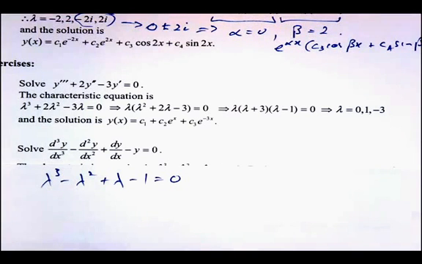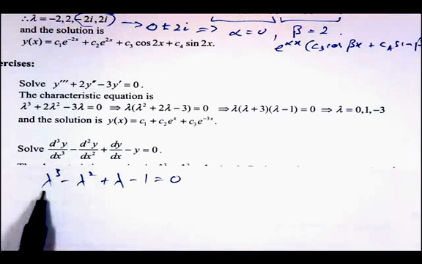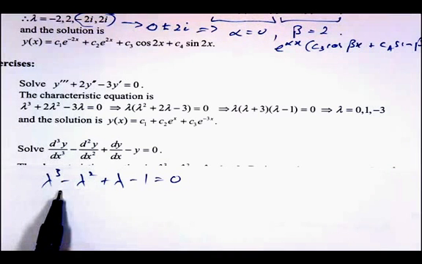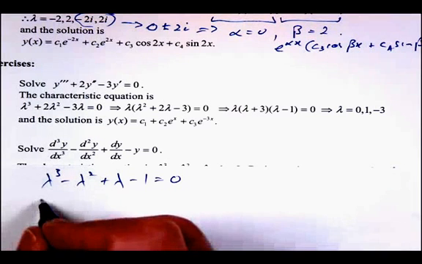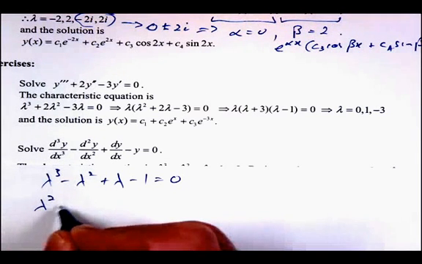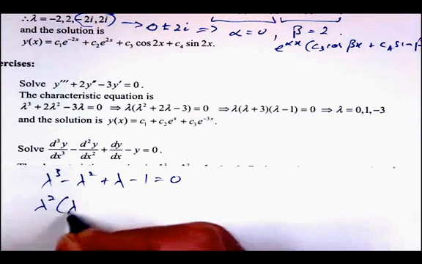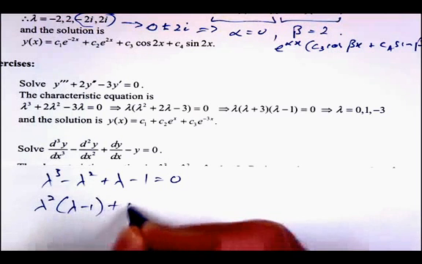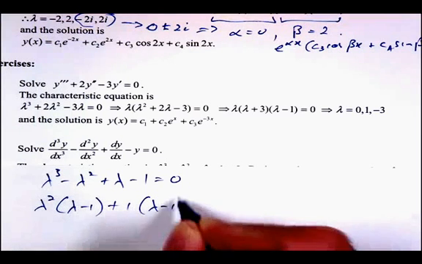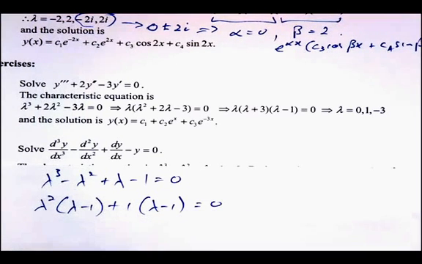So if what you mean by grouping is for the first, so you're almost there, just look at the first two. Okay? This gives us a lambda squared outside of lambda minus 1 plus a 1 outside of lambda minus 1. Okay, so just a little bit of insight.